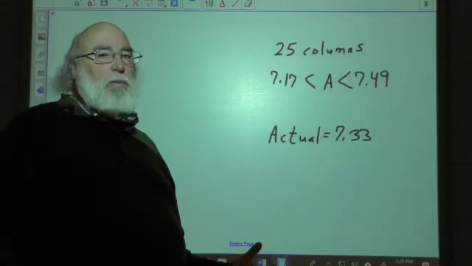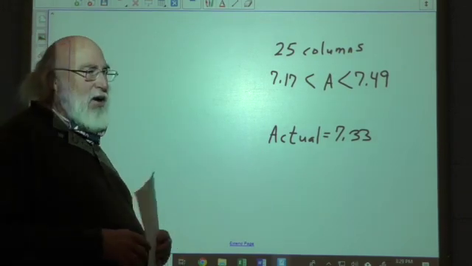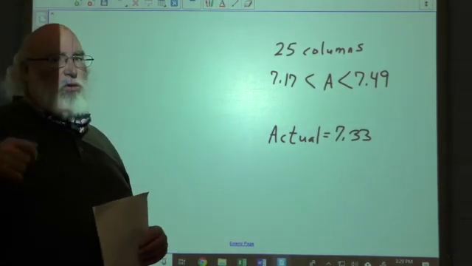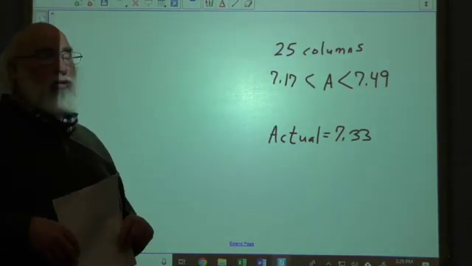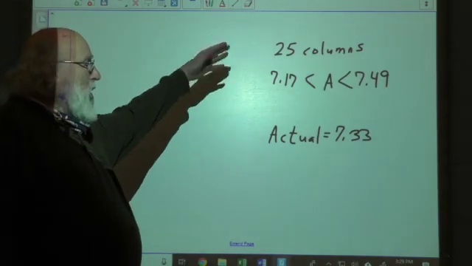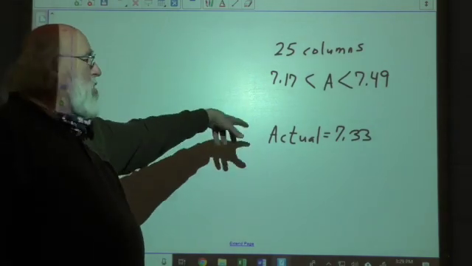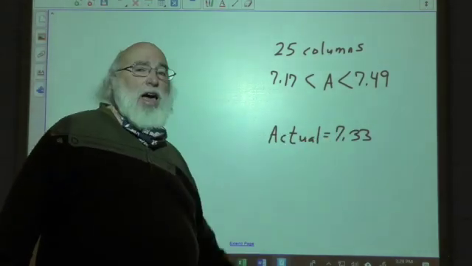So you get to a certain point, and you're going to get pretty close to the value. The question is, do you want to sit there and draw 25 rectangles? And the answer is no. So we want to come up with something. Well, it turns out if we keep dividing it into smaller and smaller columns, to the point where we get infinity columns, this is what you get.